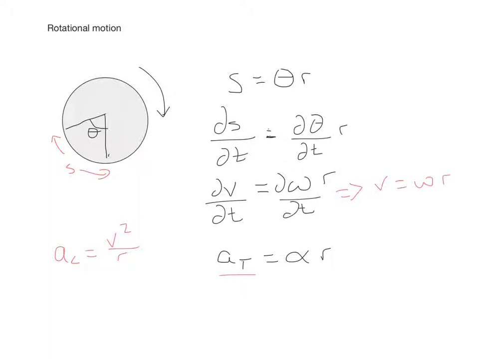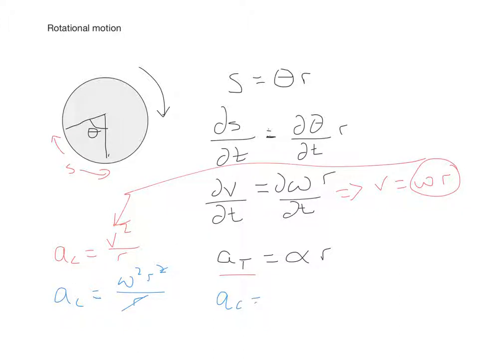So if we plug this into that, we can then get the centripetal acceleration in terms of the angular quantities, which would be omega squared r squared over r, where that r will cancel one of those, so that the centripetal, or sometimes called radial acceleration, will equal omega squared r.